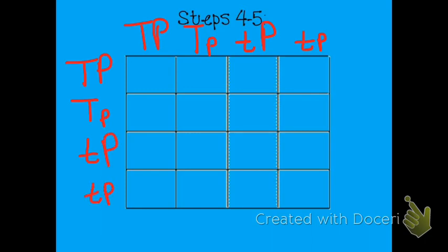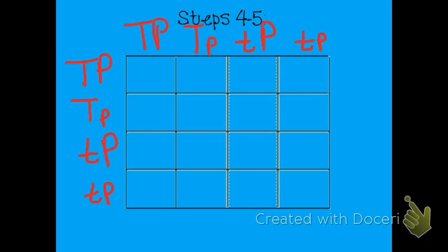Notice that now, instead of having only one letter above each box, we have 2 letters above each box. If you skip step 2, you are going to mess up and not have the right things written on your Punnett square, which is going to result in the wrong answer at the end. Okay, so when we fill in our Punnett square, we're going to fill this in much like we filled it in with our monohybrid cross. Same type of method.